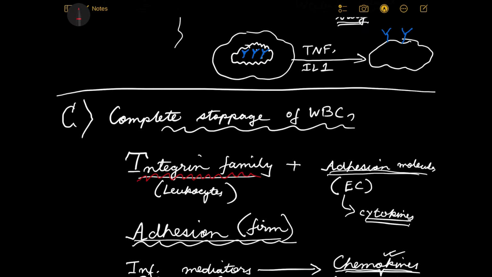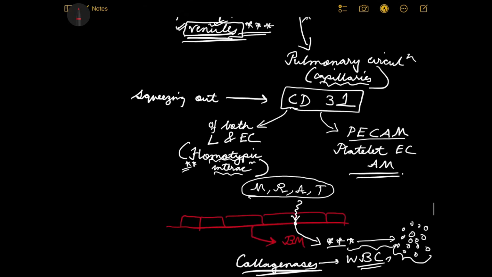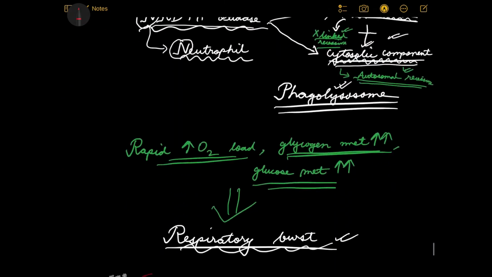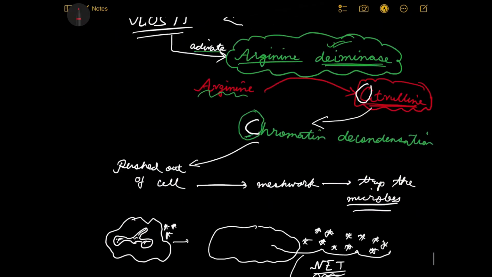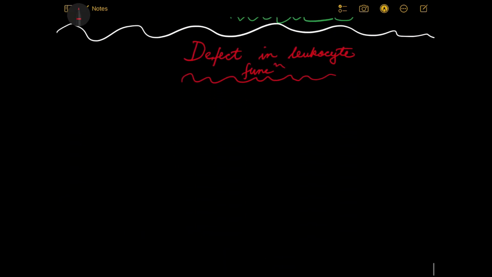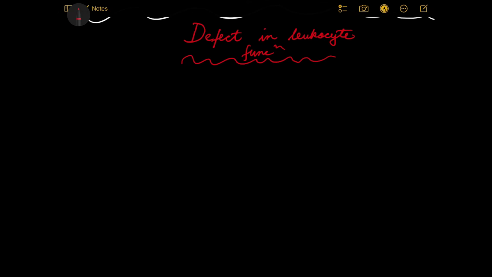So with that knowledge at the back of your mind, let's talk about what would happen if there was a deficiency in those molecules. Suppose you don't have enough integrin, or enough selectin.